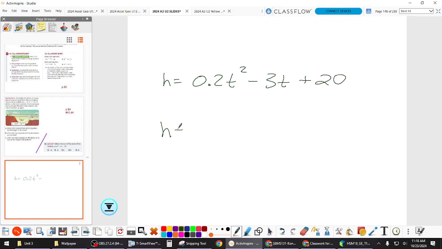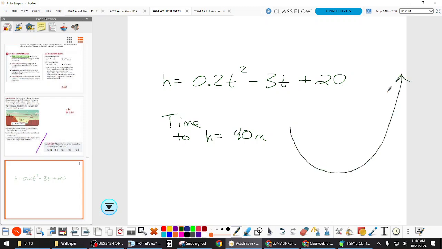And we want to know, if this continues, how long will it take for h to equal, let's do 40 meters. So it's going to launch, come down, and then shoot up to 40 meters. How long will that take?